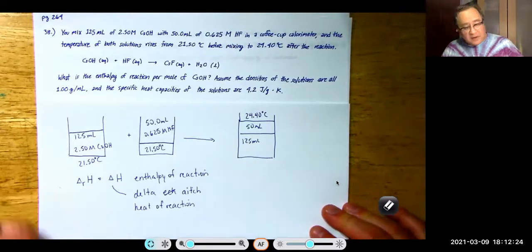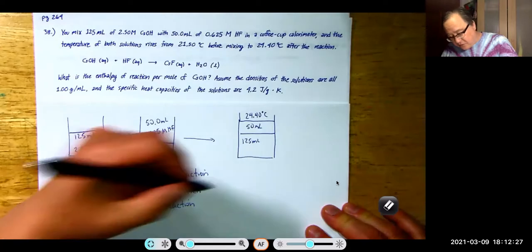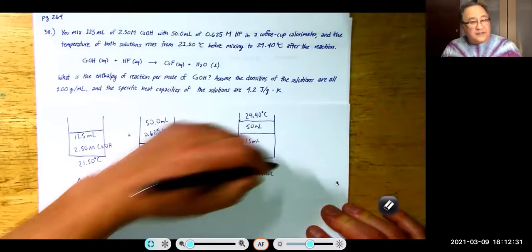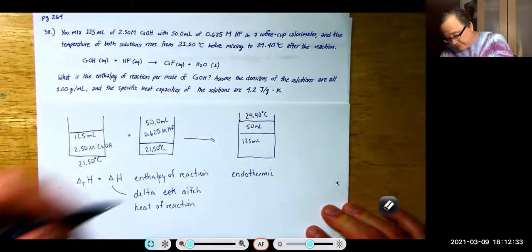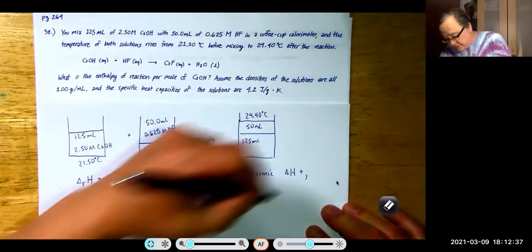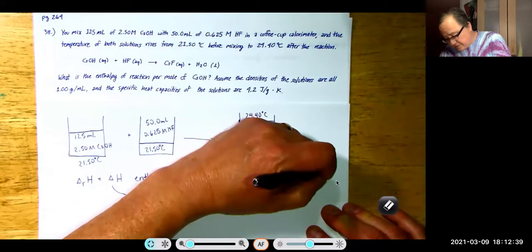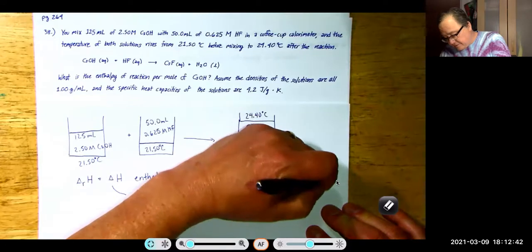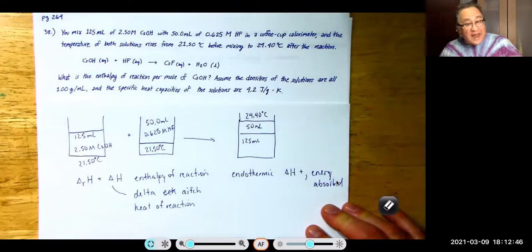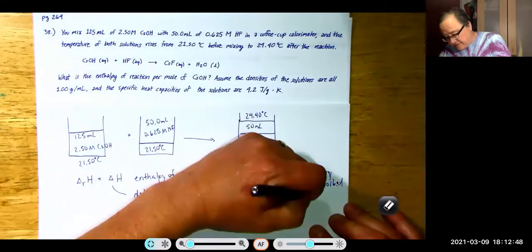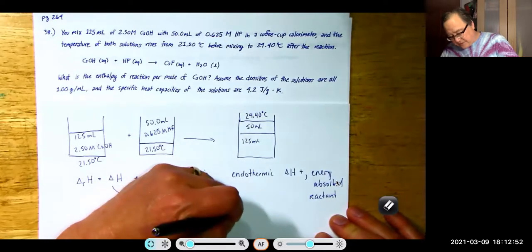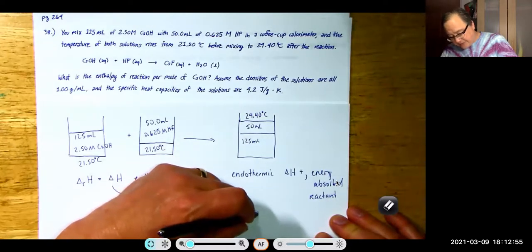A quick reminder: if it's an endothermic reaction, then delta H will be positive, and energy is absorbed. If we wanted to put the energy into the reaction, it would be a reactant. For exothermic, we have the exact opposite.